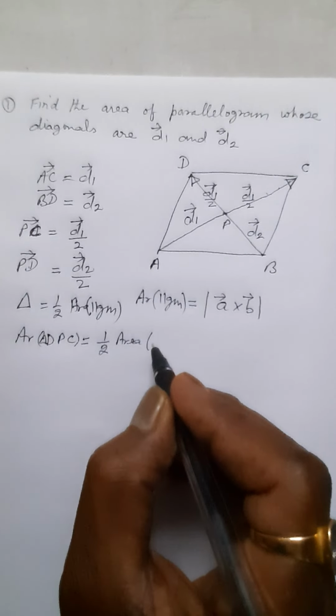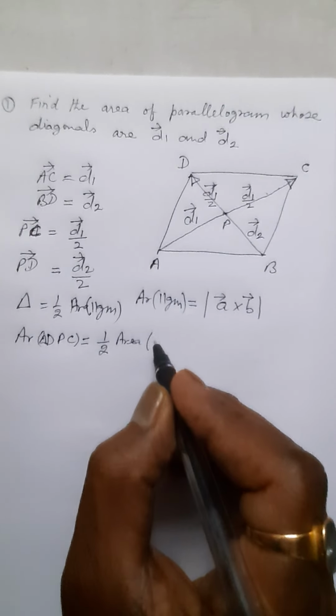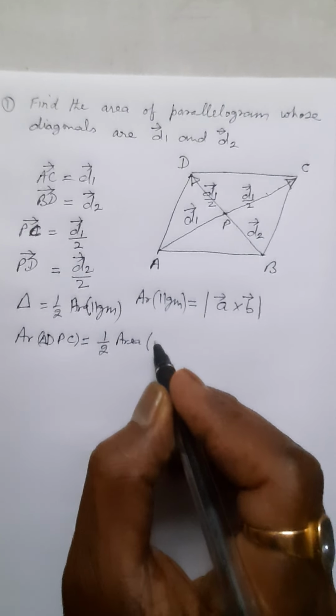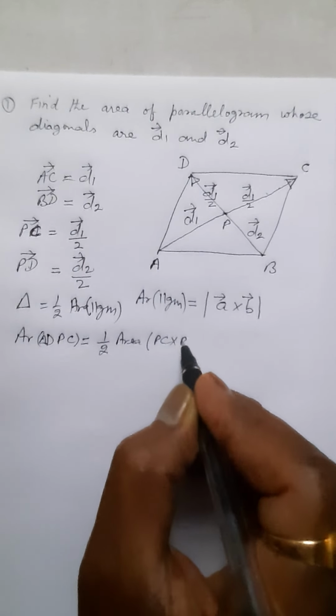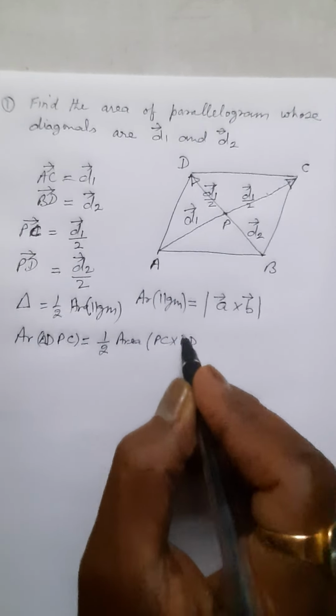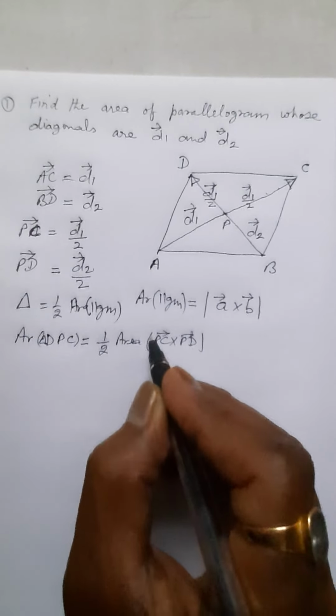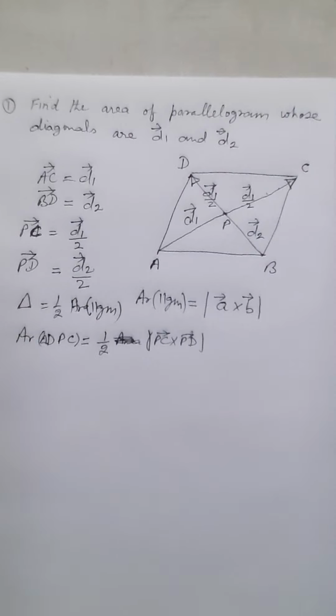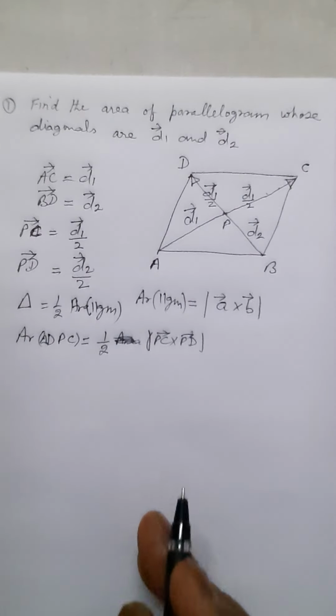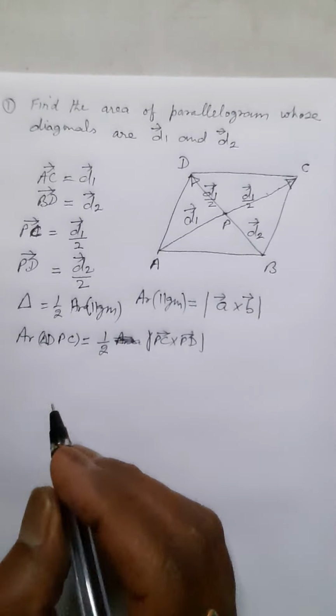So it will be the parallelogram formed by PC cross PD. This magnitude gives you the area of the parallelogram; it will be half of that.